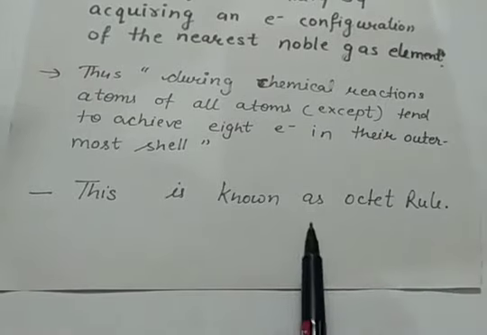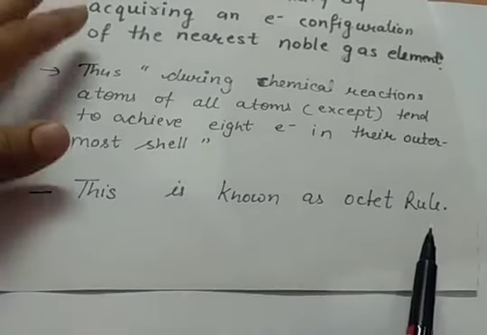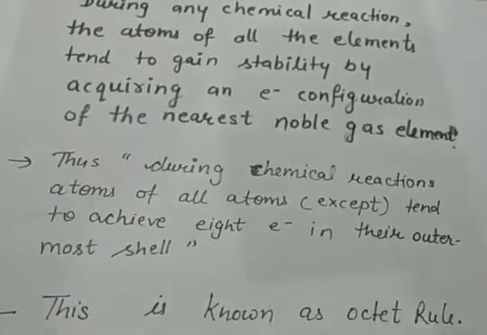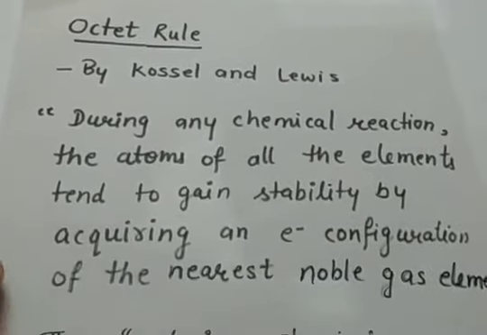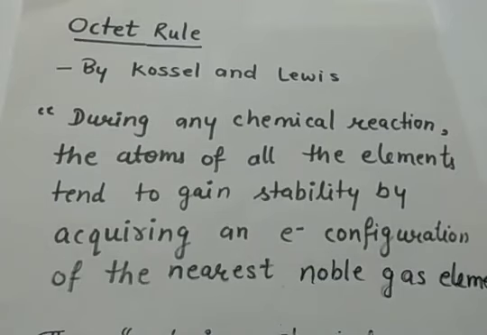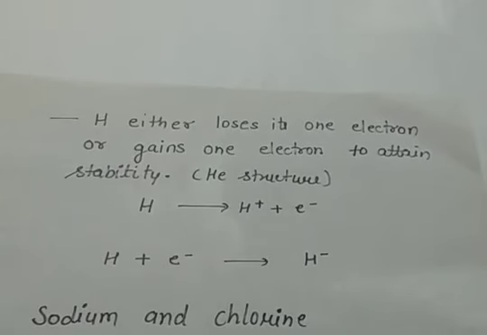This rule is known as the octet rule, that atoms of all the elements tend to gain stability by acquiring the electronic configuration of the nearest noble gas element. Now let us see some examples. We make an exception of hydrogen, because hydrogen either loses its one electron or gains one electron to attain stability.